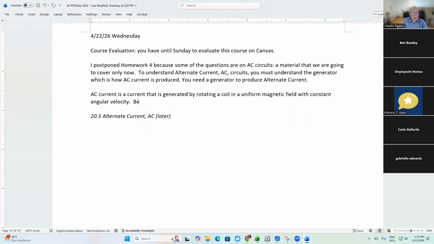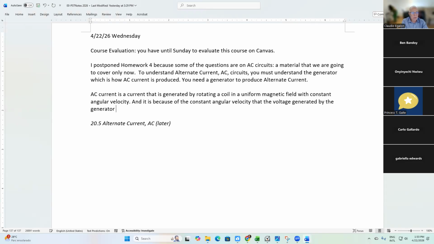It is because of the constant angular velocity that the voltage generated by the generator varies sinusoidally with time.